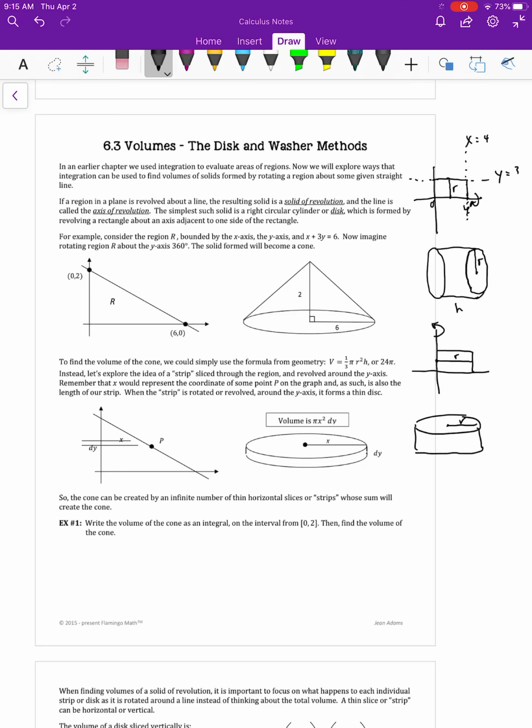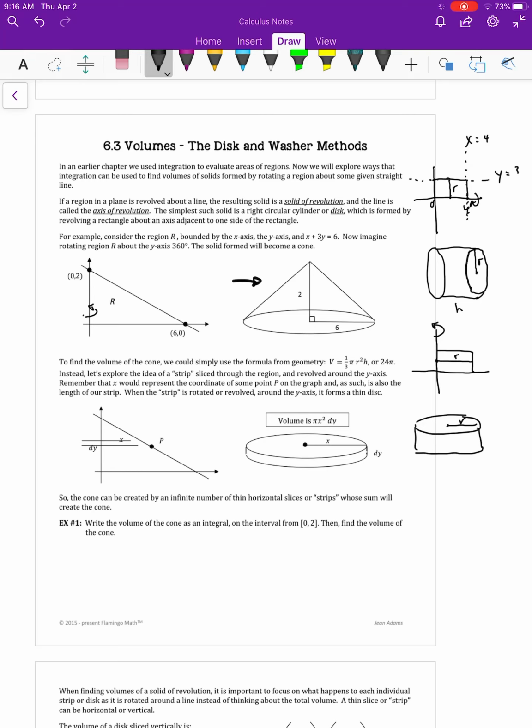What if we spun that, just for right now, about the y-axis? You're imagining that this is just spinning, and it creates this cone here, and the cone ends up with a height of 2 and a base radius of 6.